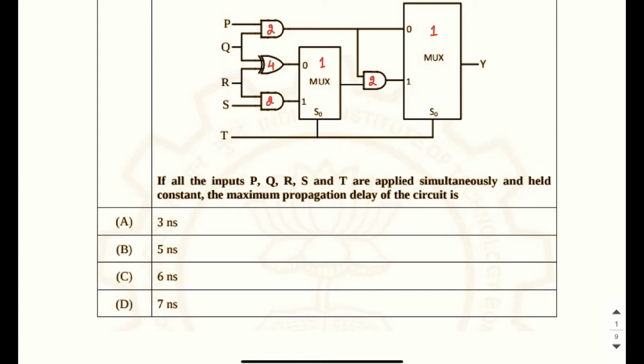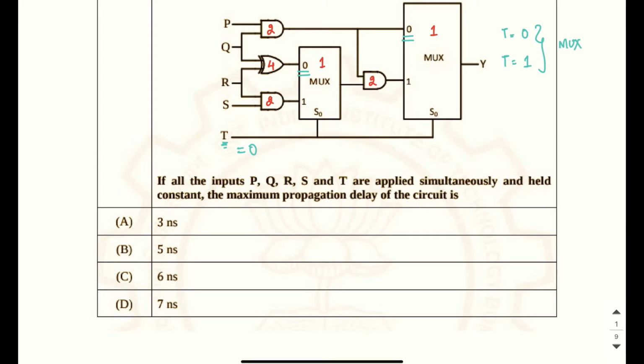If you notice, in this case the T input is supplied as the select line. So there can be two cases: either the T value can be 0 or it can be 1. And this is important from the functionality of the multiplexer. We know that if T is equal to 0, then for both the multiplexers, the 0th input will be selected.